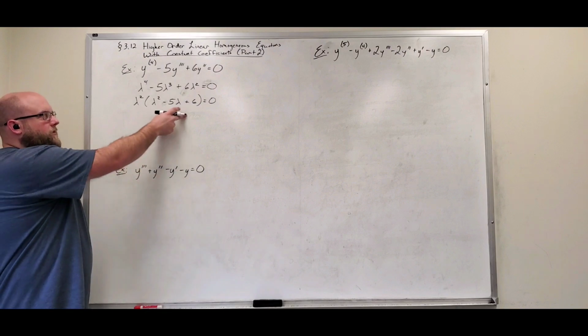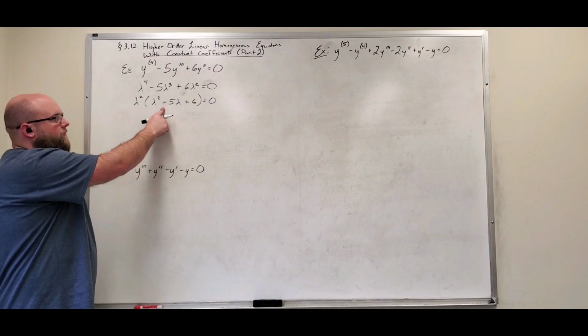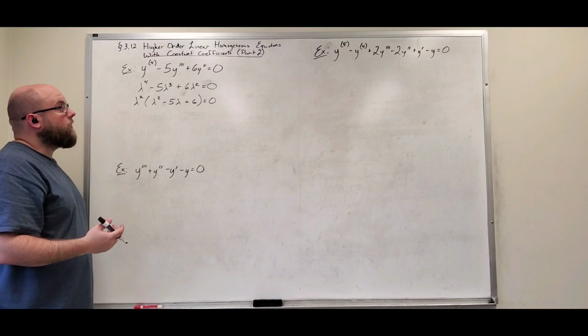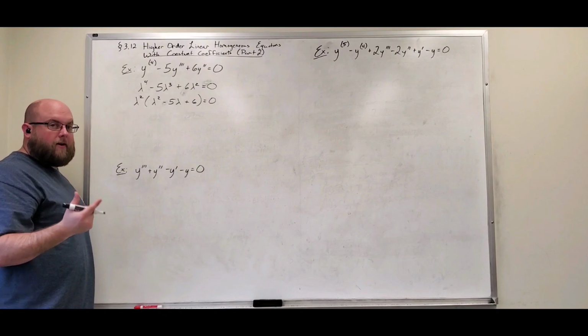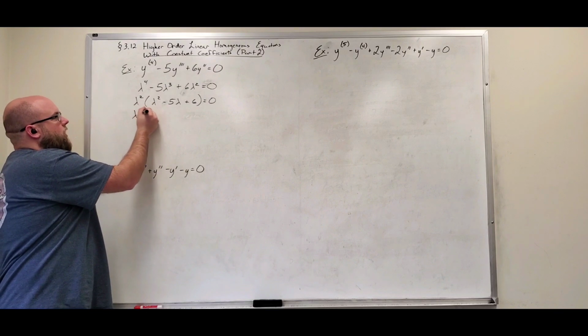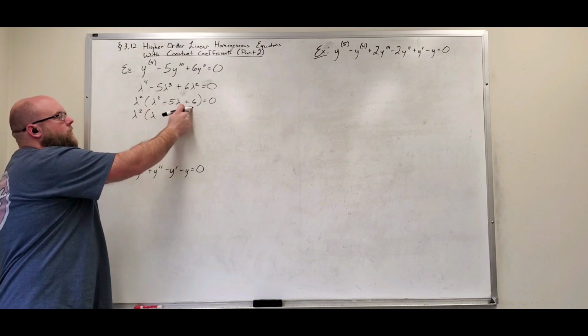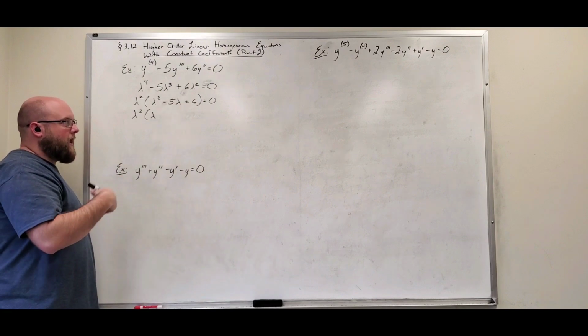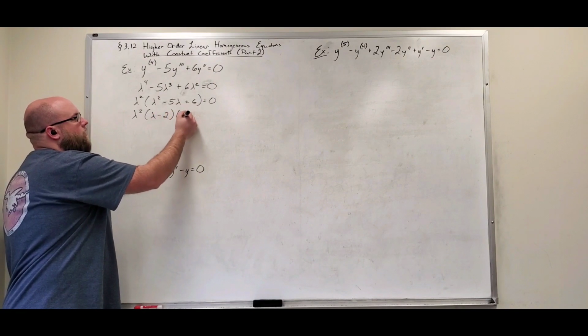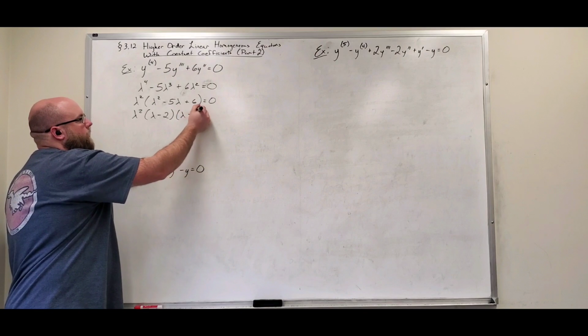Okay, well, can we factor this further down? Well, if I have a negative middle term and a positive end term with a quadratic, if I can factor it, it means both factors are going to be negative. So here, I'm just going to copy this down one more time. What are the factors of positive 6 that when added together give us negative 5? Well, that means it's lambda minus 2 and lambda minus 3.